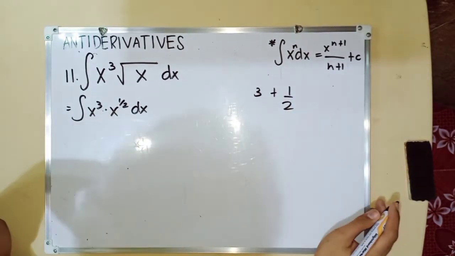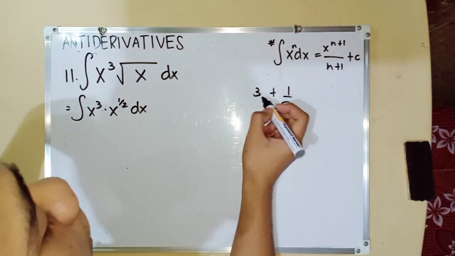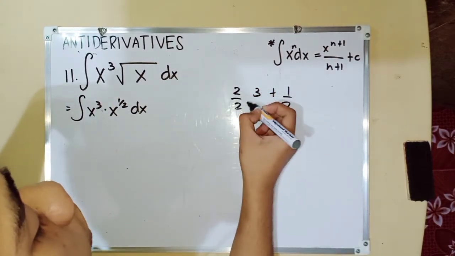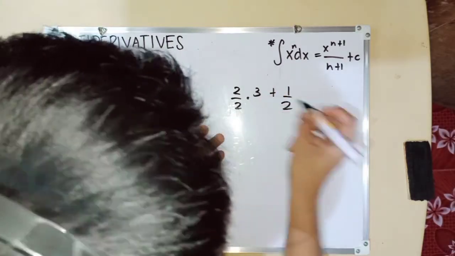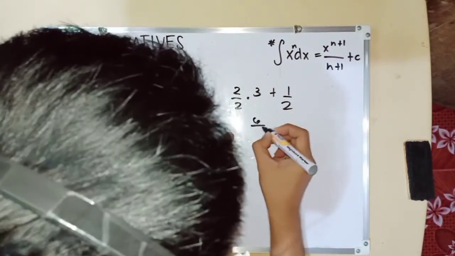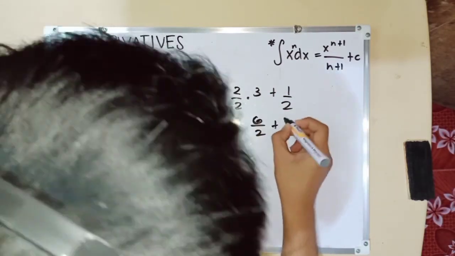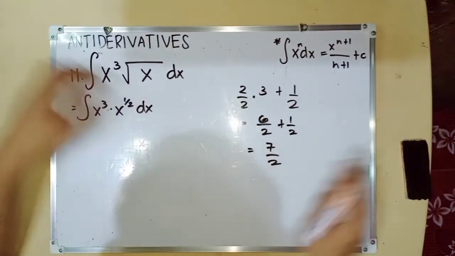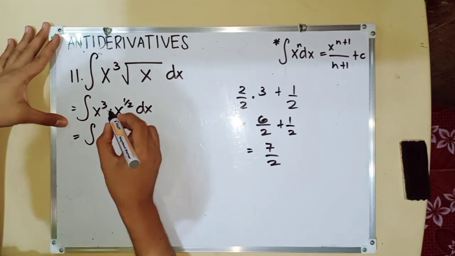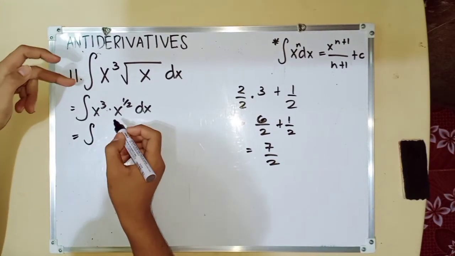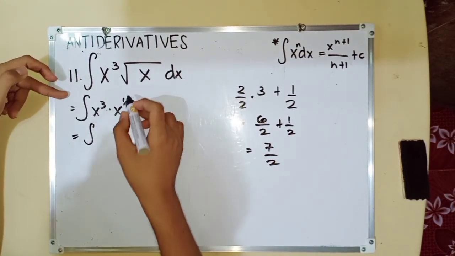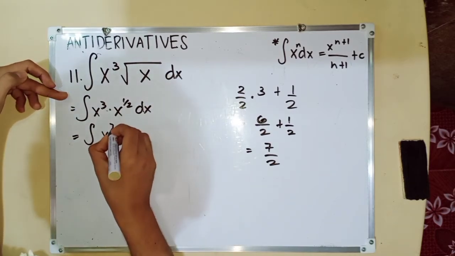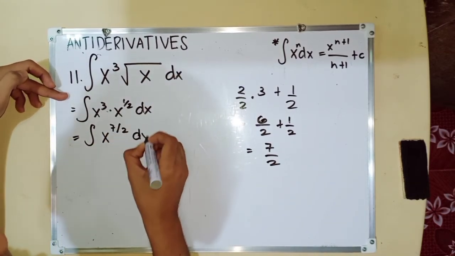So that they have the same denominator, we multiply 2 over 2 to the 3. So, it becomes 6 over 2 plus 1 half, which is 7 over 2. So, x raised to the power of 3 multiplied by x raised to the power of 1 half is equal to x raised to the power of 7 over 2.